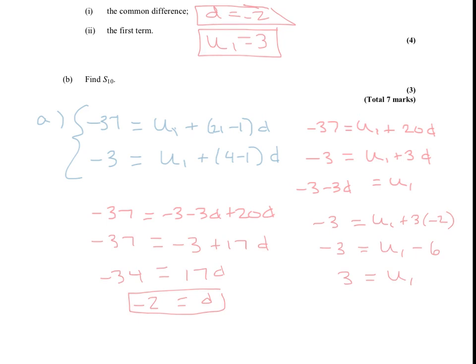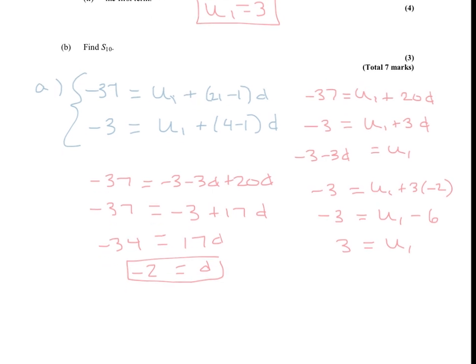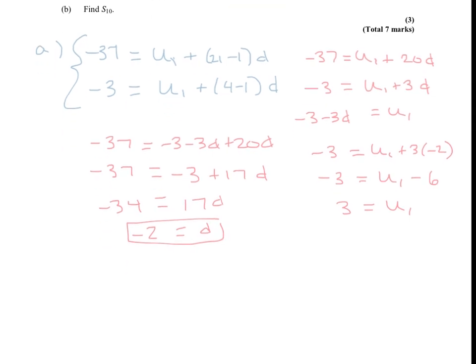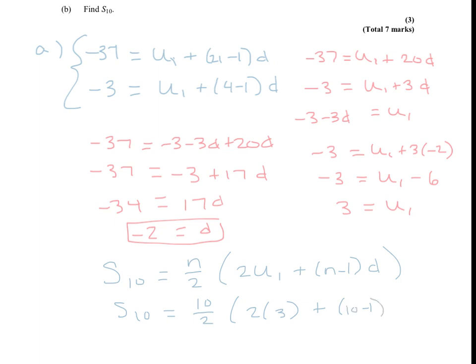Now the very last part of this one asks us to find S sub 10. All we're doing here is plugging and chugging. Now we don't know the 10th term, so I'm going to recommend using this formula for our arithmetic series. We can plug in everything we know: n is 10, the first term is 3, and our common difference is negative 2.